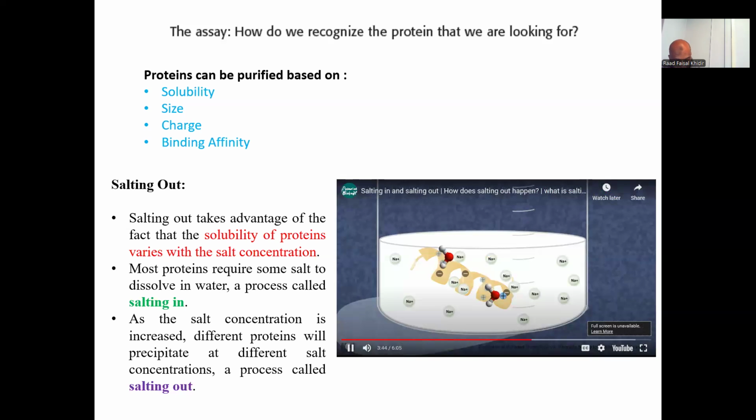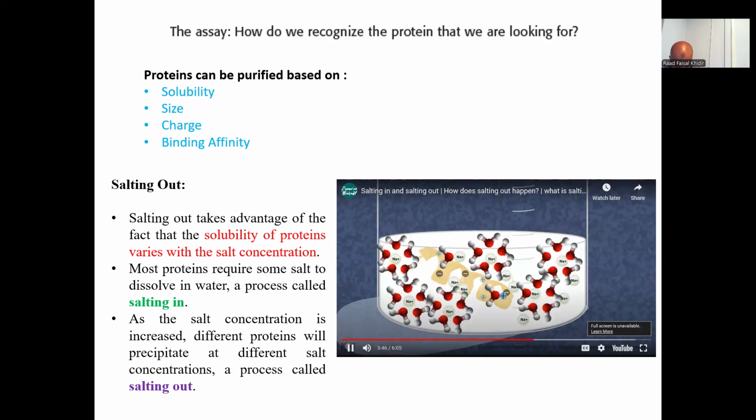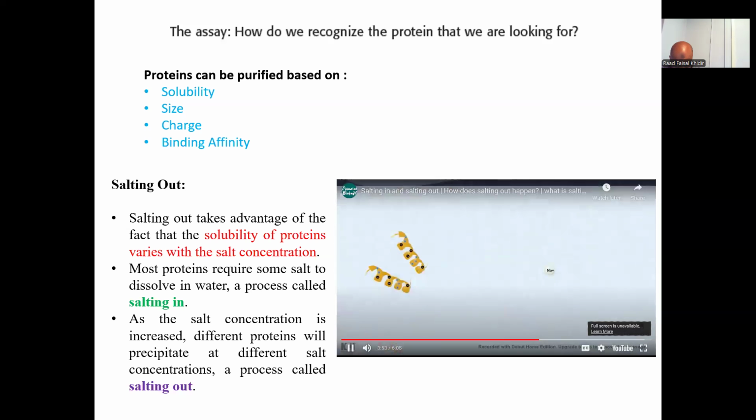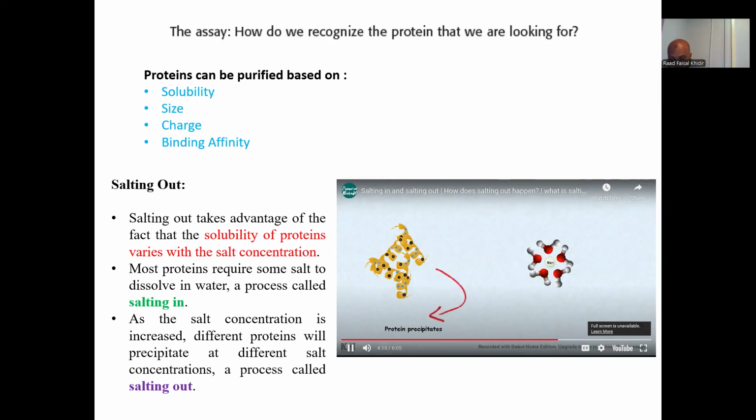Rather, all of these water molecules are interacting with the sodium ions. As the sodium ions take away the water molecules, the protein particles interact with one another. The solute-solute interaction is much more than the solute-solvent interaction. As a result, the protein gets precipitated.